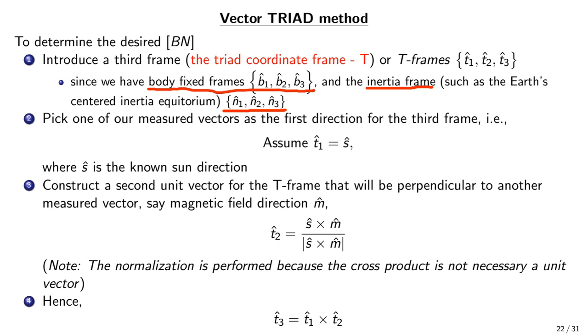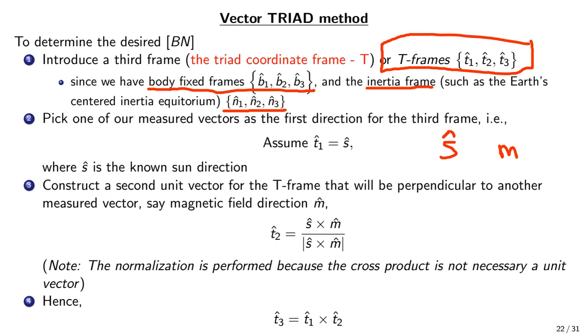Now, the next thing to do is we will have to pick one of our measured vectors. Don't forget, you can measure S from the sun using your sun sensor. You can measure M from the electromagnetic field. You can also measure others, like I said, you should read about.